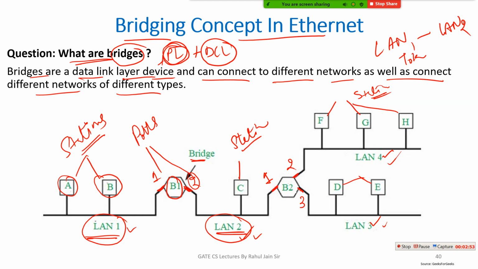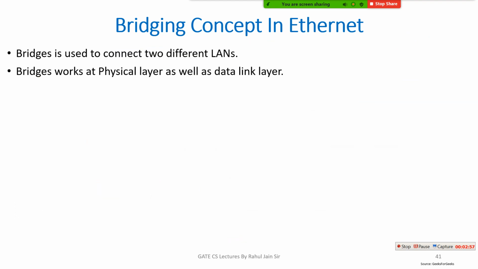An important point to note is that a bridge is used to connect two different LANs, and it works on the physical layer as well as the data link layer.